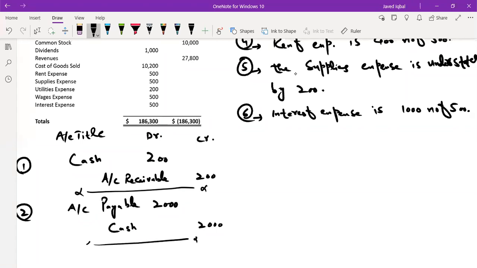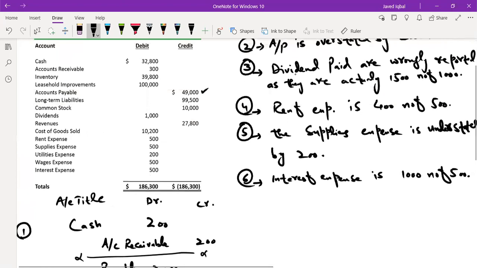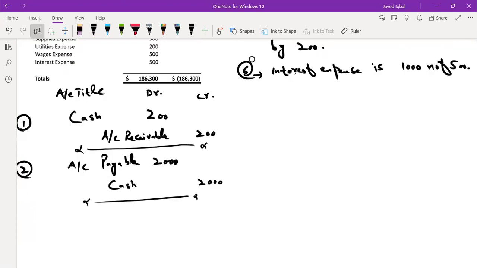So we will be recording it as account payable to cash, assuming that we have paid it. That's why it was overstated. But to get it to 47,000, we need to pay 2,000. So this is one probable way of doing it.